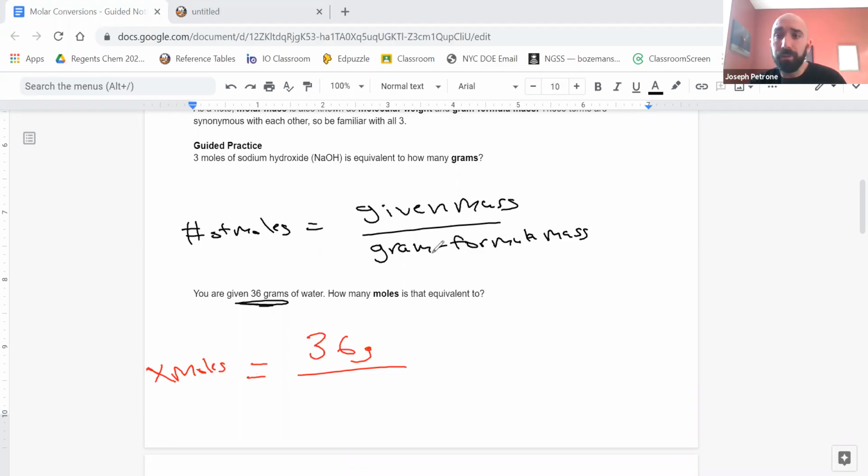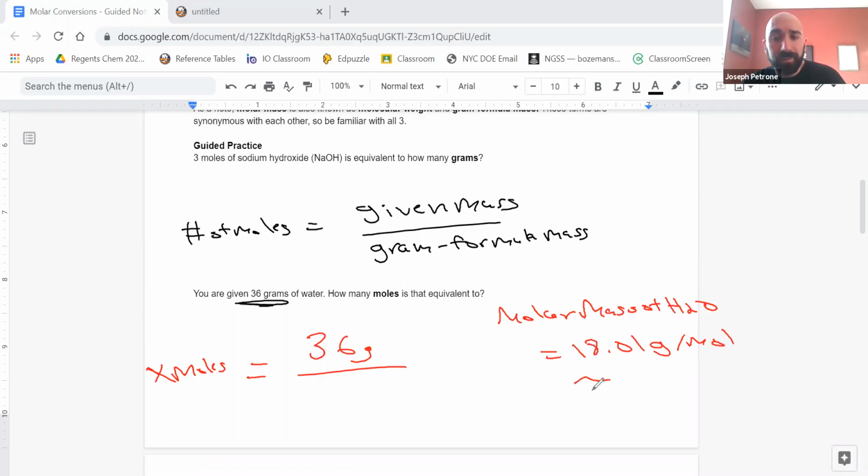Now, we calculated this for H2O already, so water, H2O. So you can go back up to your notes previously to get that. You may recall that the molar mass of H2O was equal to 18.01 grams per mole. For the sake of ease in terms of the math, I'm going to just round this to the whole number.